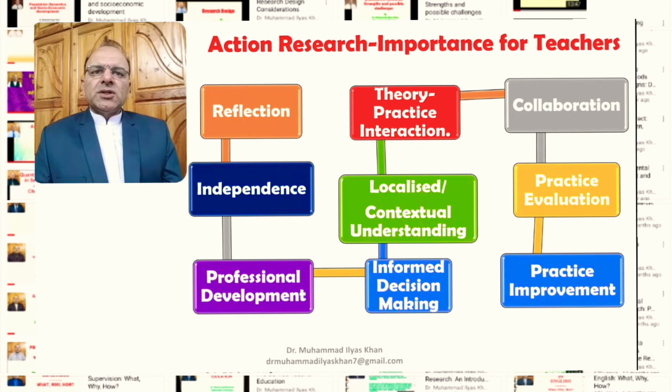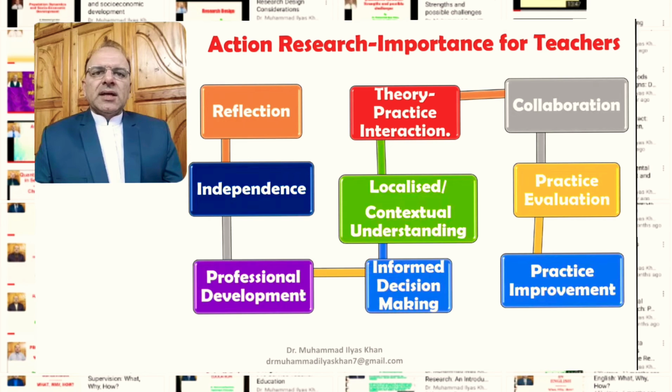Then, as we know, teachers make several decisions almost in every class and every day. Decision making is a continuous process, an integral part of the role of the teachers. In many cases, they might simply imitate others in order to make decisions.